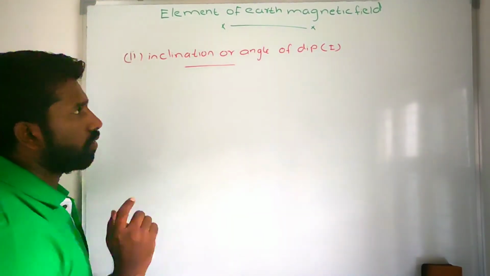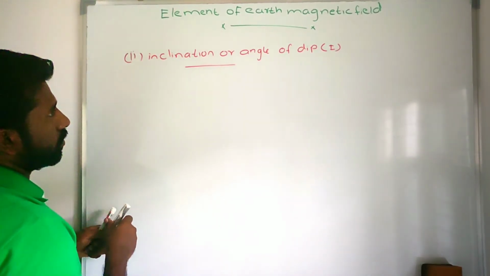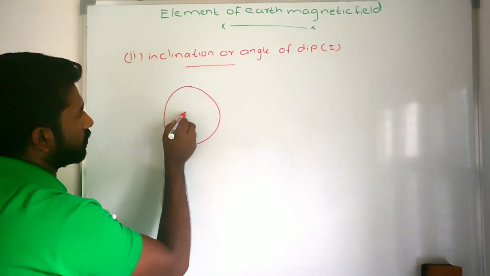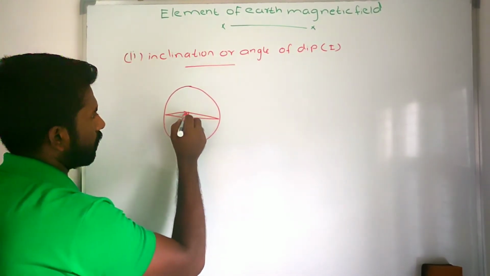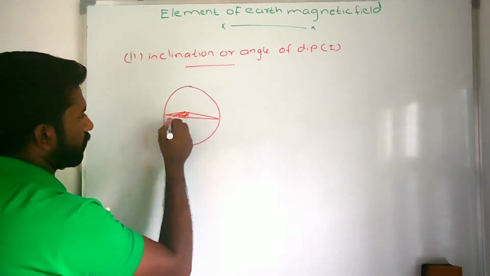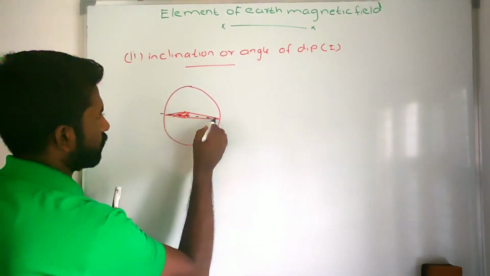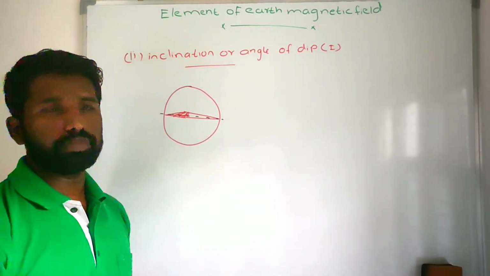Now I am going to consider a vertical freedom compass. The vertical freedom compass is like this. There is a horizontal line passing through it. Or you can take it as another device, the dip circle.